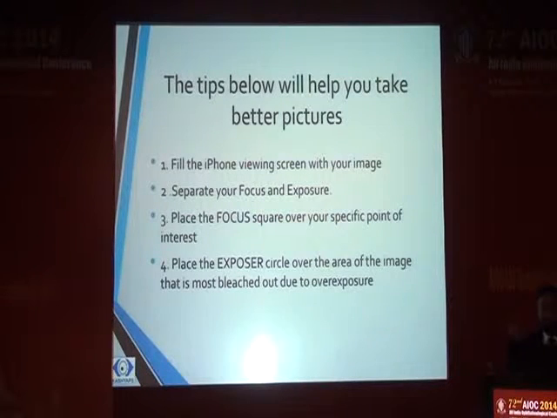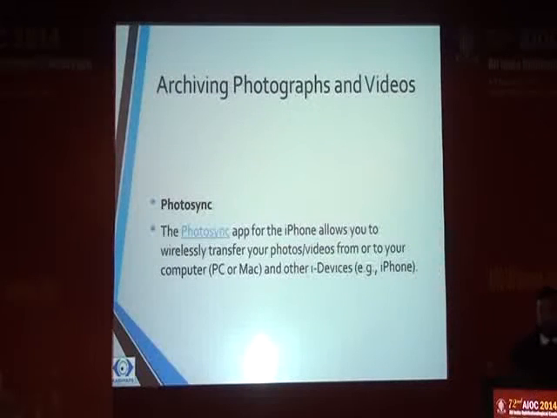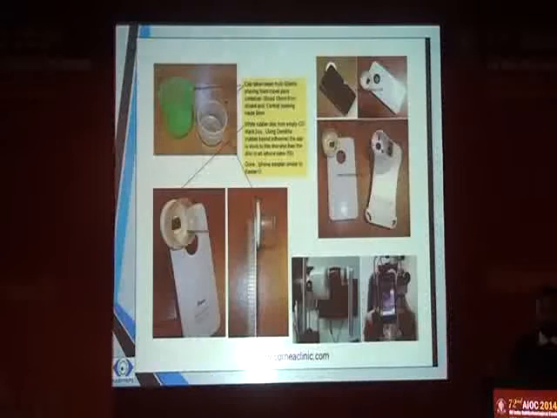Then you place the focus square over the specific point of interest. As far as the exposure is concerned, you put that circle over the area of the image that is most bleached out due to overexposure. And then you can transfer these images to another iPhone or a computer.